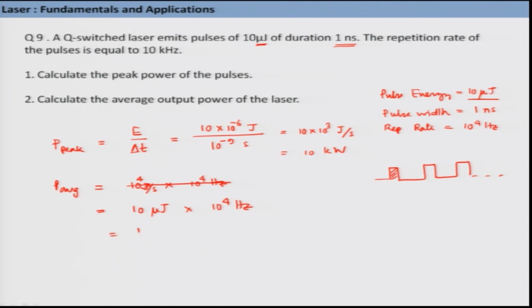Okay. So, 10 into 10 to the power minus 6 joule into 10 to the power 4. Okay. So, this gives rise to 10 into 10 to the power minus 2 watt, okay, or in other words this is 100 milliwatt.